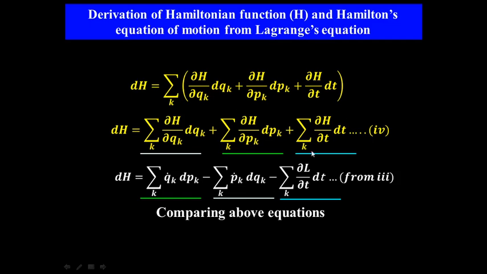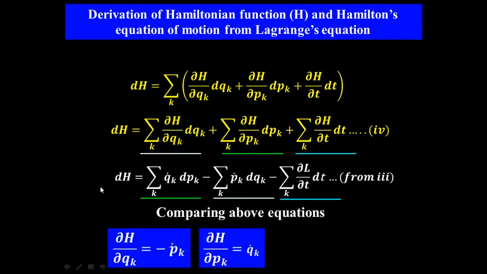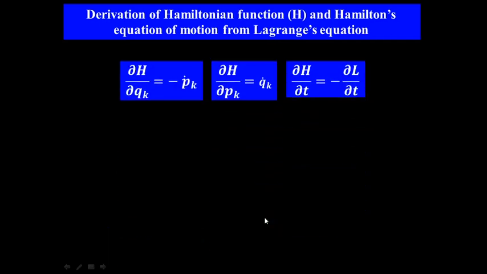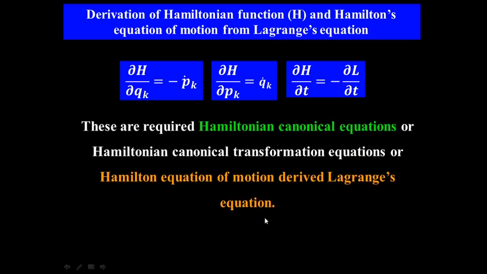So after comparing the coefficients of the three terms, we get three equations: del H by del QK equal to minus PK dot, del H by del PK equal to QK dot, and del H by del T equal to minus del L by del T. These three equations are called Hamilton's equations of motion, or Hamilton's canonical equations, which we have derived from Lagrange's equation.